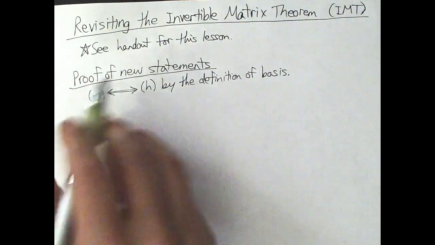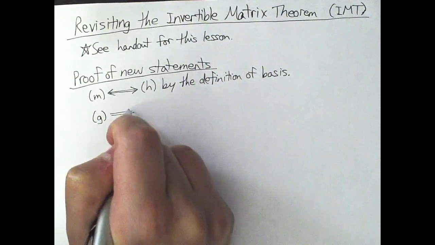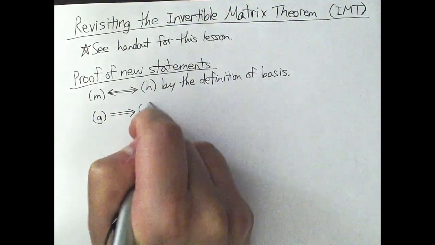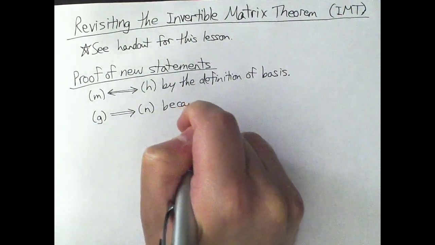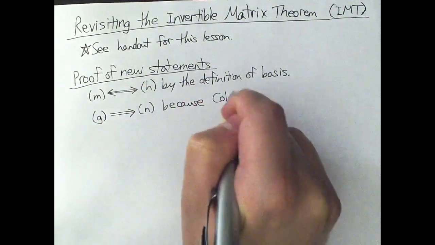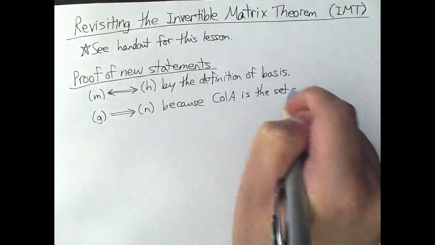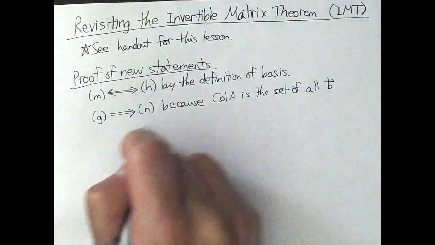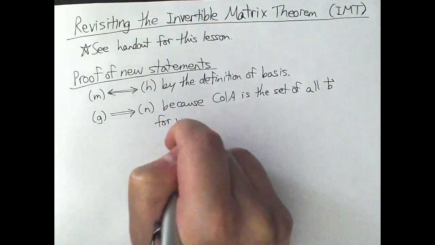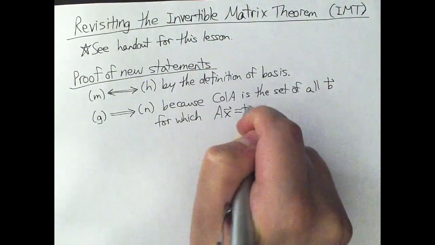Next, I'm going to say that we can show G implies N, that if G is true, N is true. And that is because col A is the set of all vectors b for which Ax = b is consistent.